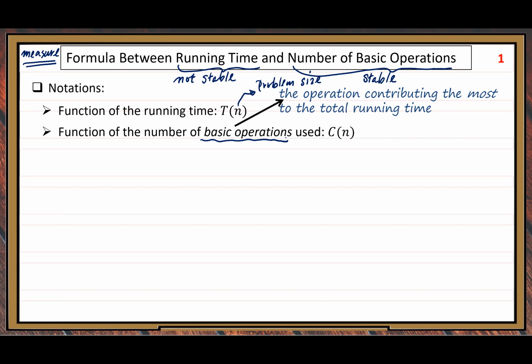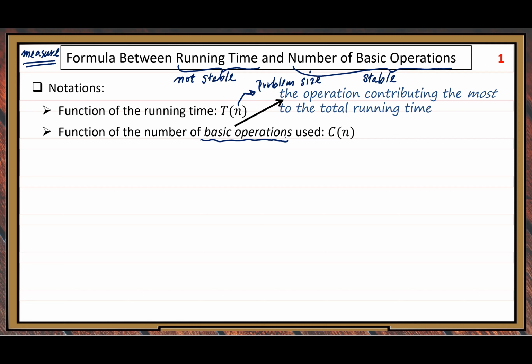So here you can see we ignore other operations, or we call them minor. They play a minor role, not a major role. Basic operation, this one, plays the major role.